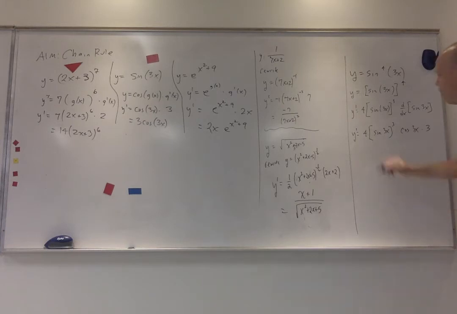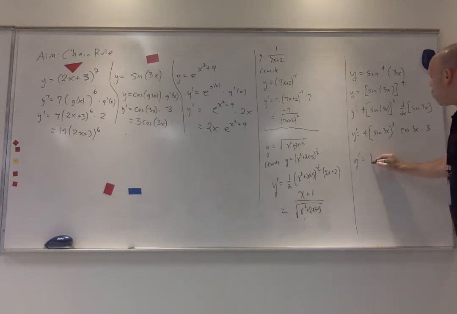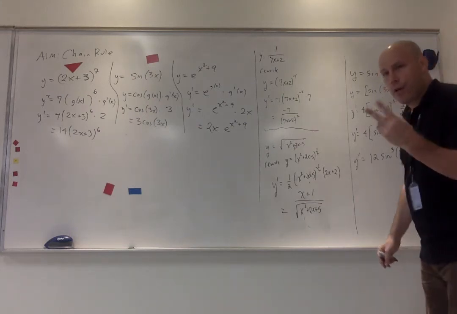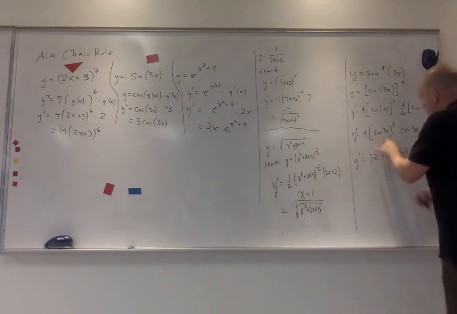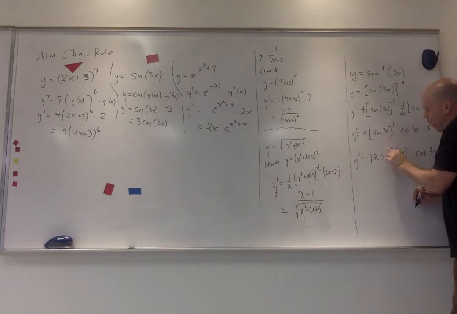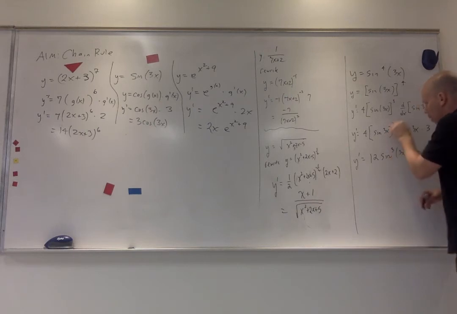Cleaning it up totally, we have, ready? 12 sine cubed of 3x times cosine of 3x. Two things here. I wasn't here for trigonometry with you guys, but remember, this is the way we put the 3 in here, but it means when you see a trig function squared or cubed, it means the whole thing is squared or cubed.